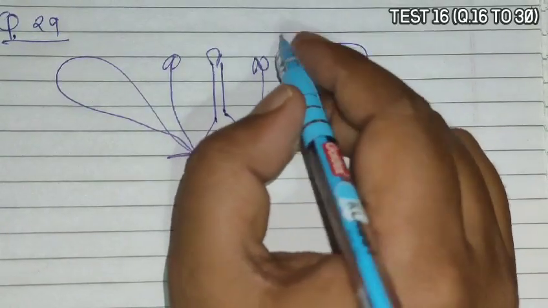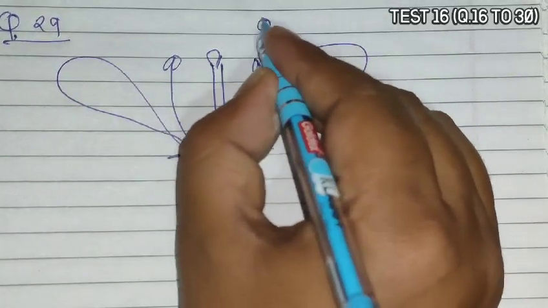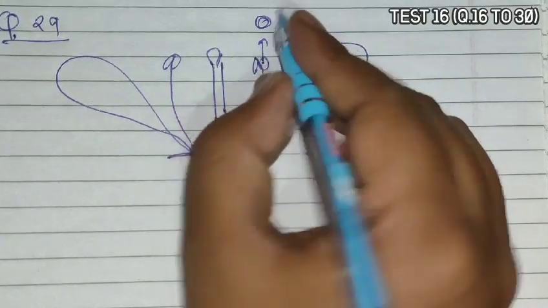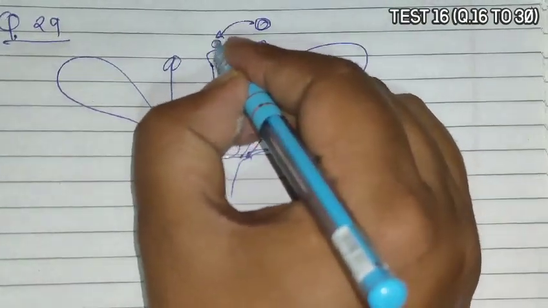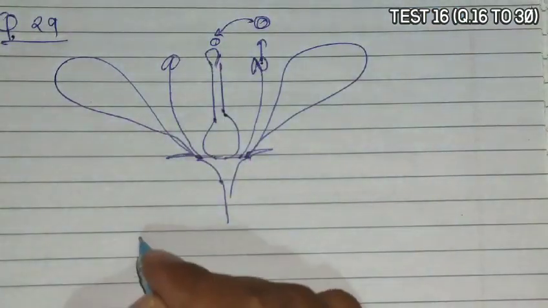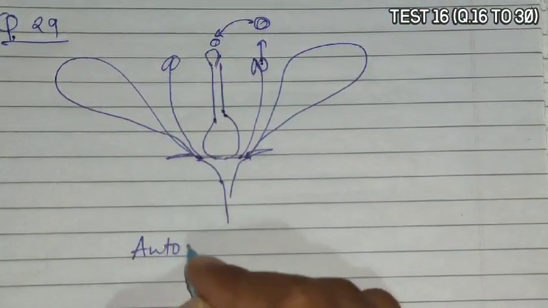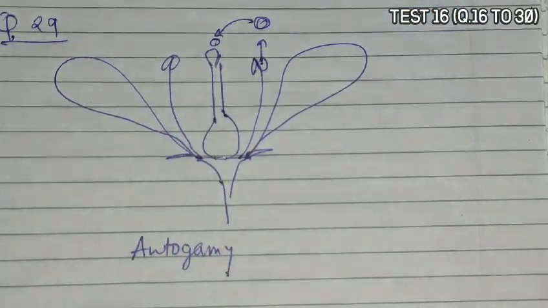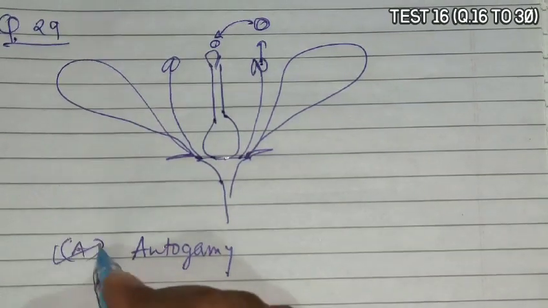Now the pollen grains are produced by the stamen and pass to the stigma of the same flower, then this phenomenon is known as autogamy or self-pollination. So A is the correct answer.